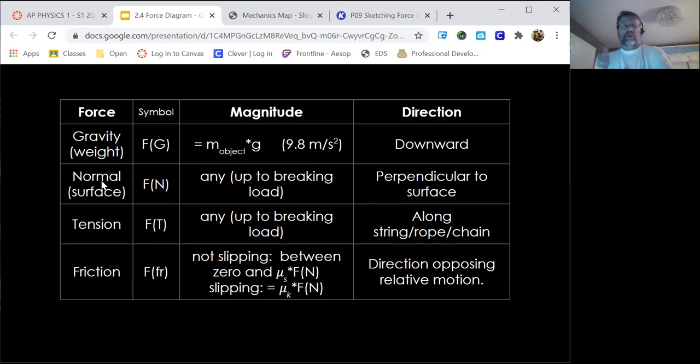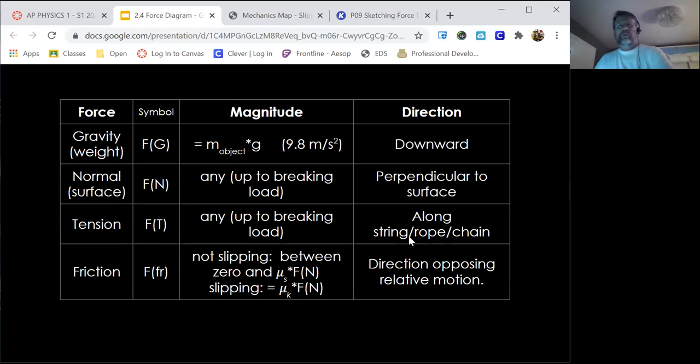So it's going to keep pushing up until, you know, the table breaks or something like that, okay? And if we're looking at a ramp, as the ramp bends, the normal force is always going to be perpendicular to the ramp, okay? So that is the normal force.